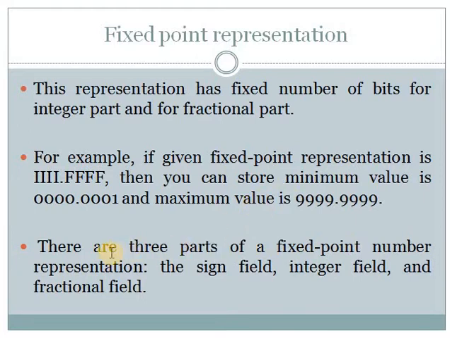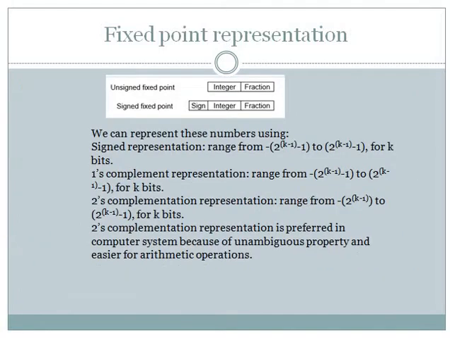Now we will see there are three parts of fixed point number representation. One is the sign field, the integer field and the fractional field. See here, for unsigned: integer and fraction; for signed fixed point: sign, integer and fraction.